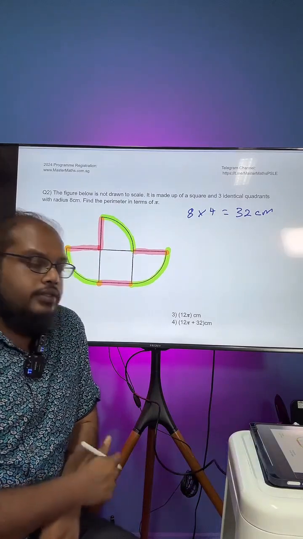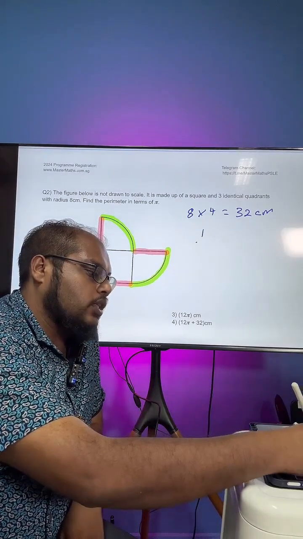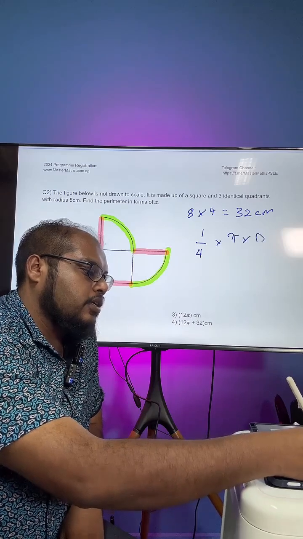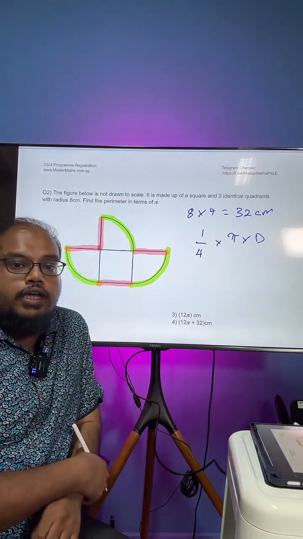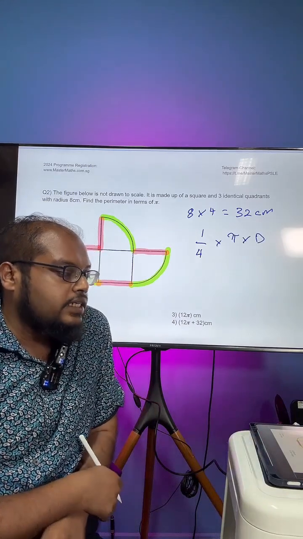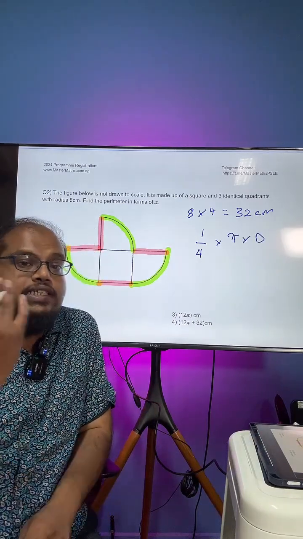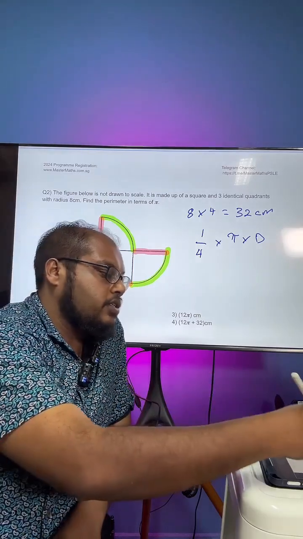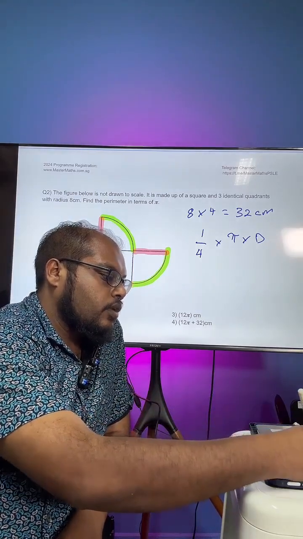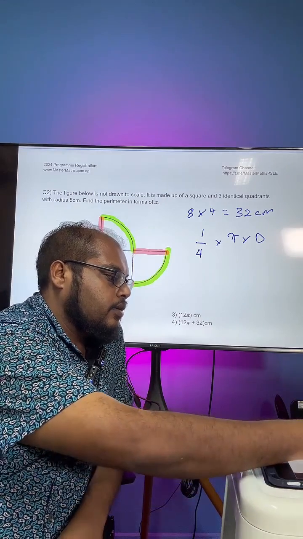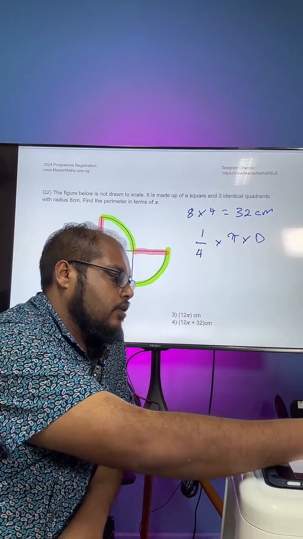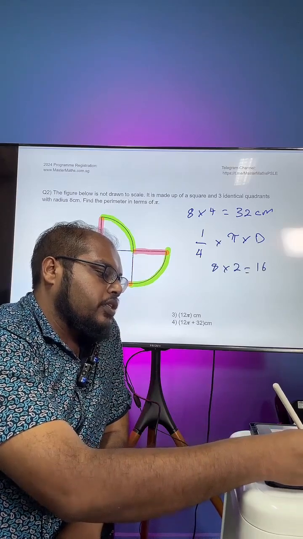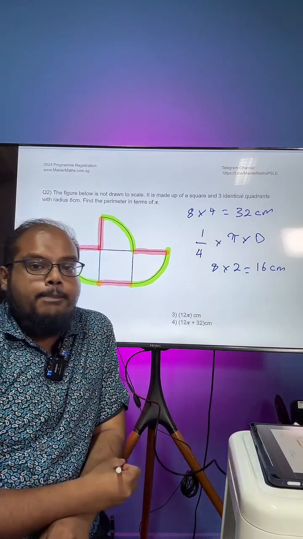Each quadrant is quarter times pi times diameter. The question gives us the radius, but what is the diameter? Diameter is 2 times your radius, which is 8 times 2, 16 cm.